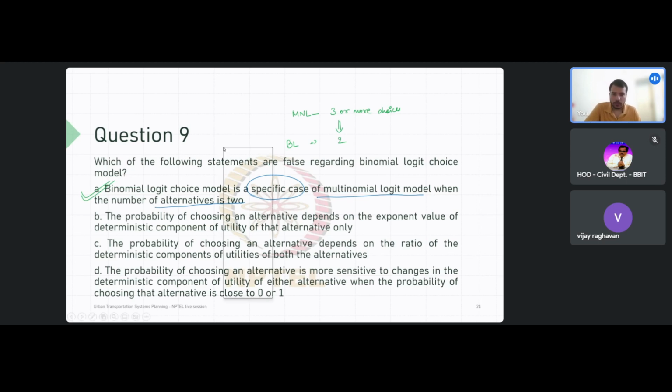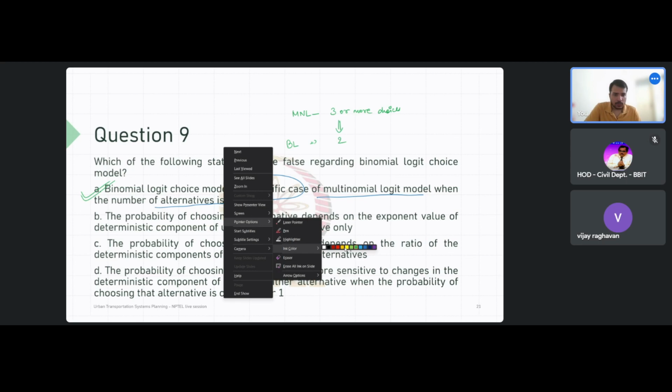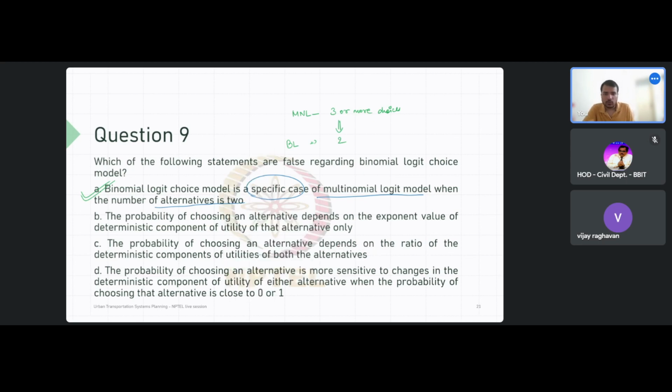Then we have B. The probability of choosing an alternative depends on the exponent value of the deterministic component of utility of that alternative only. So this is where it is wrong. If we have two choices, our personal vehicle and a bus, the choice of choosing the bus will not depend only on the bus.